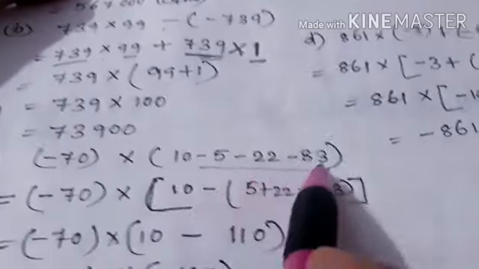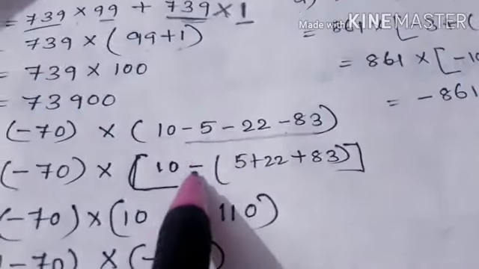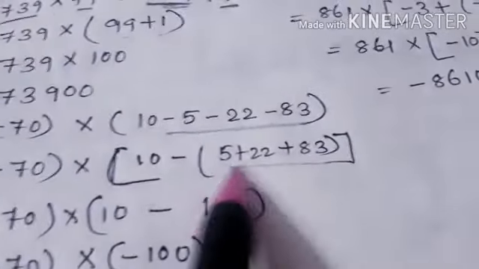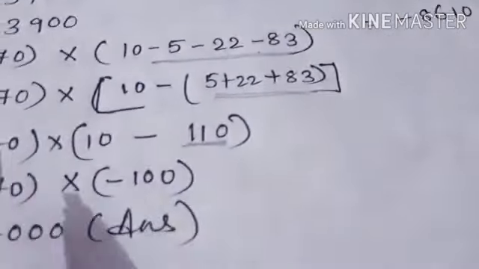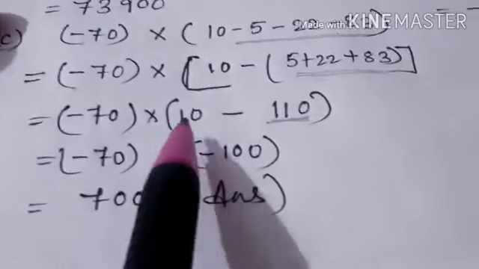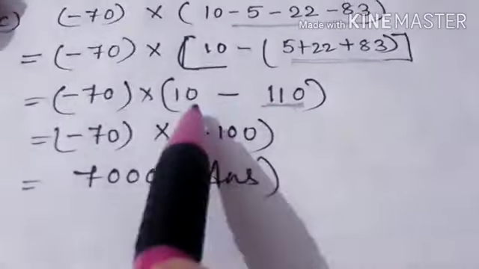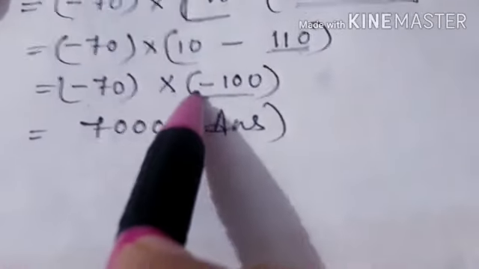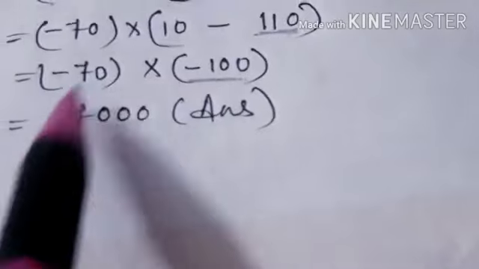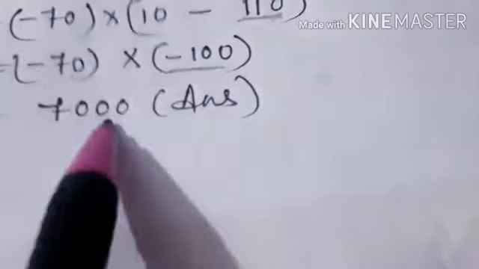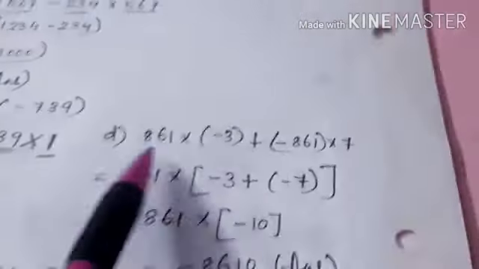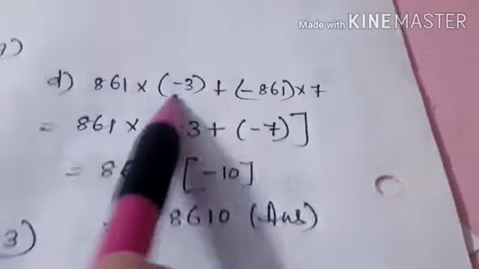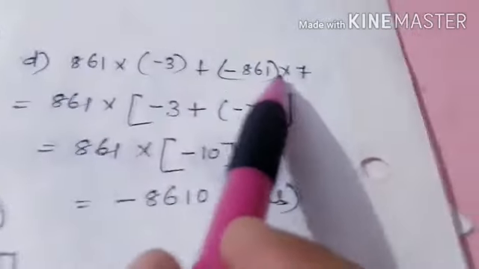Here these are all negative integers. Taking minus common, I have put the addition of these, which is equal to 110, minus 110. Then minus 70 into (10 minus 110). What will you get? Minus 100. Then minus 70 into minus 100. Minus into minus, plus. Then 70 into 100 is 7,000. Then in D, 861 into minus 3 plus minus 861 into 7.